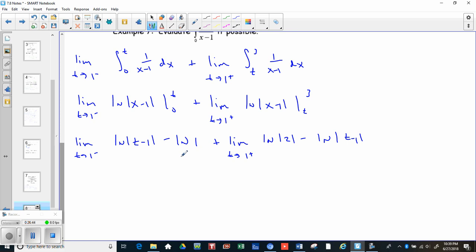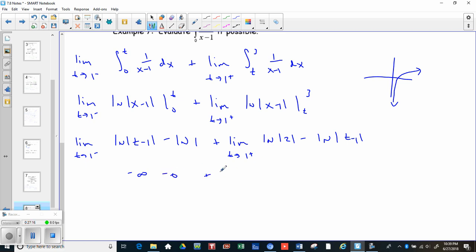So again, this is going to come down to knowing the graphs of these things. If I look at the natural log of absolute value of t minus 1, so we put a 1 in here, this is going to be 0. Well, natural log of 0 doesn't exist, but the graph itself, natural log, looks something like this. As we approach 0, this thing is going to go to negative infinity. So what I get here is some form of negative infinity minus that's 0.